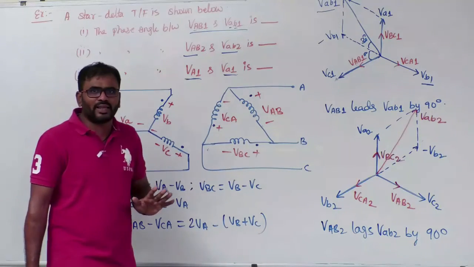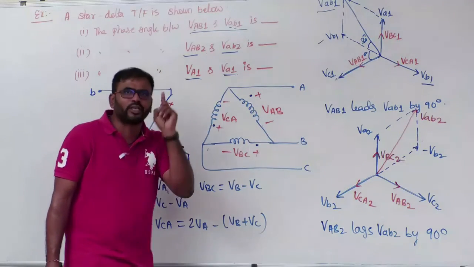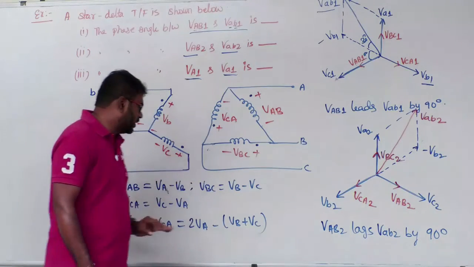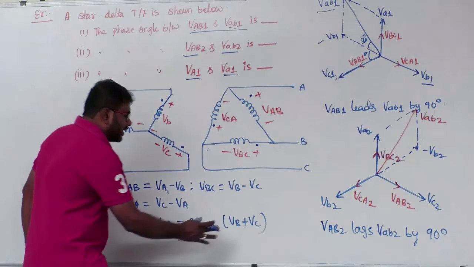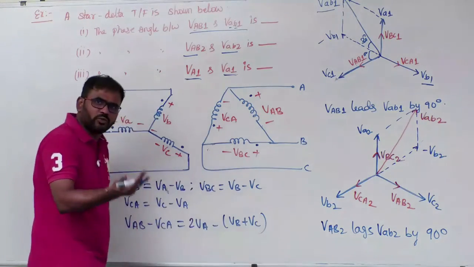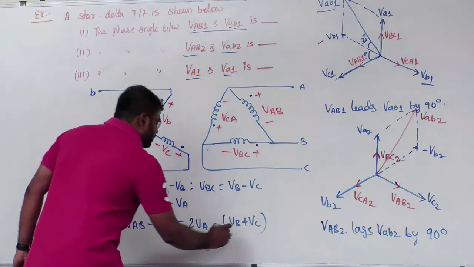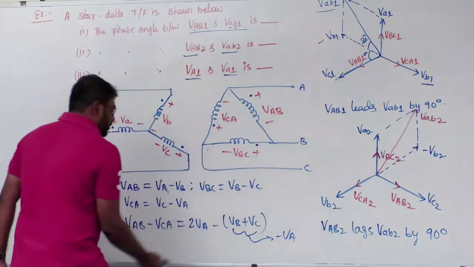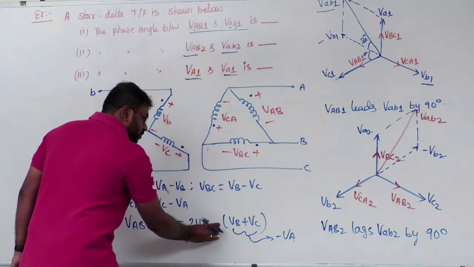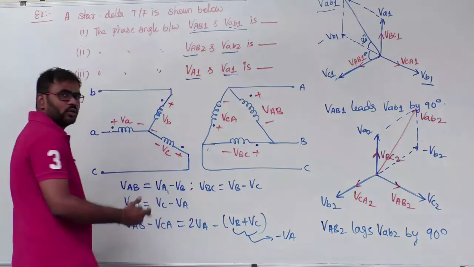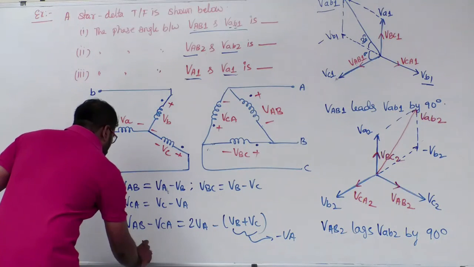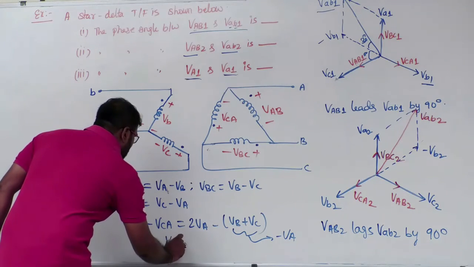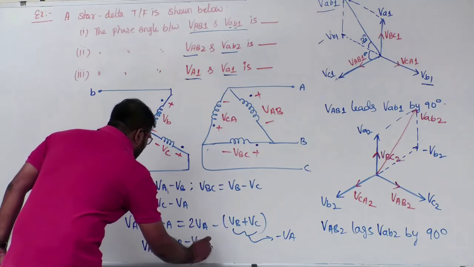Original system may be unbalanced, but positive sequence alone is balanced, negative sequence alone is balanced. So that's why I can write VB plus VC equal to minus VA. So that means minus VA into minus, plus VA plus 2VA. Total is what? 3VA. So VA equal to VAB minus VCA by 3.